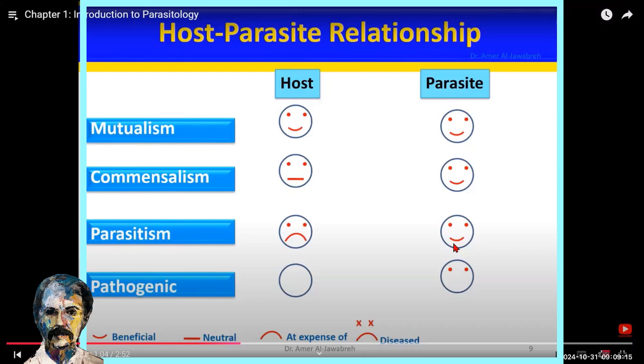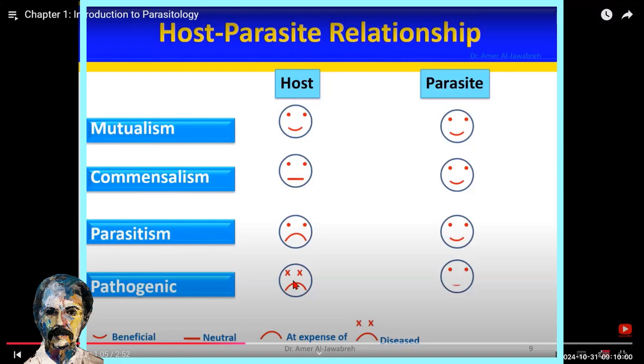When this damage reaches a state of disease, you are infected and you are losing, your hemoglobin is going down, your tissue is destroyed, then we call this pathogenic. Here we are crying because the parasite is destroying our systems. If the parasite is inside you and starts multiplying and eating and destroying your tissue, or making swelling, you are losing your eyesight, any damage, then this is pathogenic.